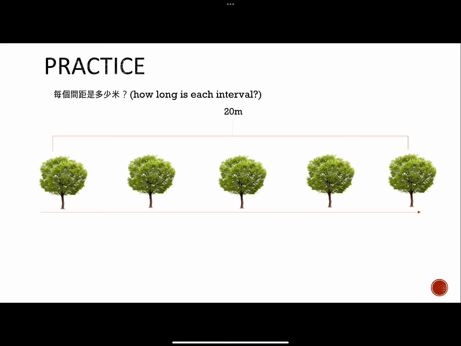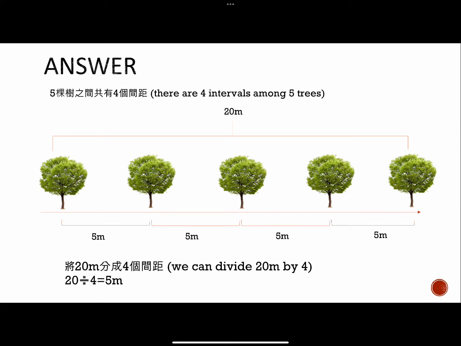It is easy. We have learned that the answer is not 5 because there will be only 4 intervals among 5 trees. For now, we just need to divide 20 meters into 4 equal parts. The answer should be 5 meters.